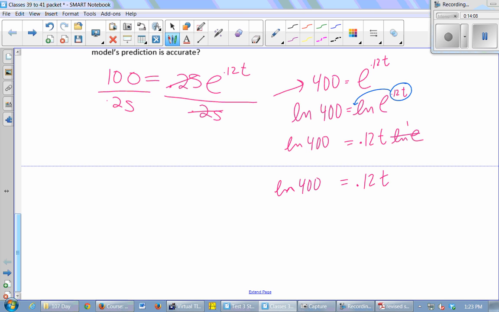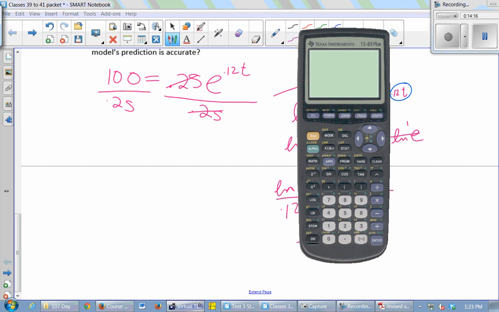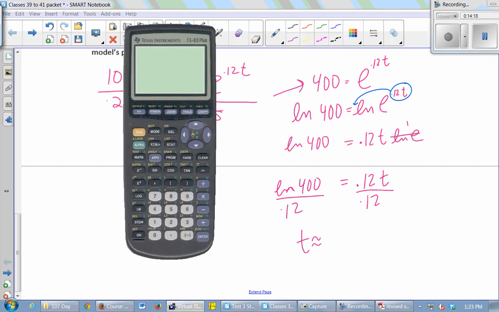The ln of 400 is just a number, so I'm just going to divide both sides by 0.12. So we get t is approximately the ln of 400. Make sure you close that parentheses, right, and then divide by 0.12. 49.92 years after 1976, right?